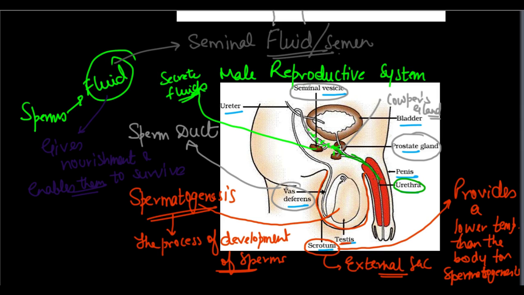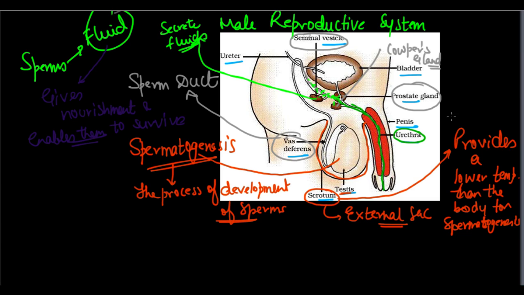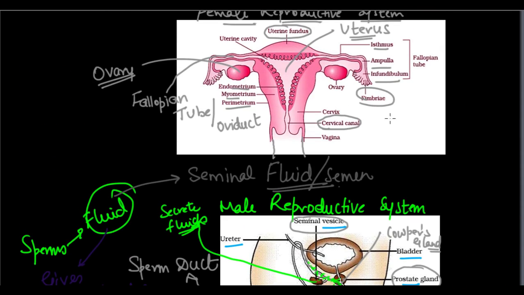So finally, this fluid flows through the urethra and is thrown out of the body through the opening of the penis, which is the urinary opening as well, right? So this is basically the male reproductive system in human beings. During sexual intercourse, the semen travels down the penis and is ejaculated out of the body into the vagina of the woman, where the sperms travel.